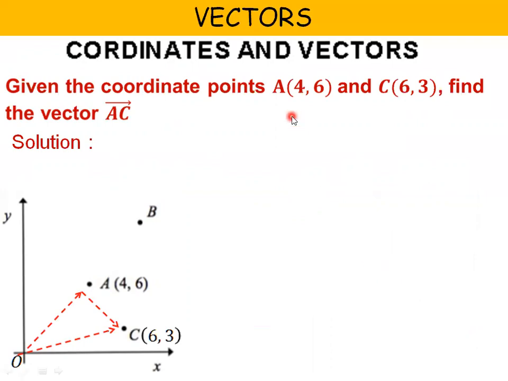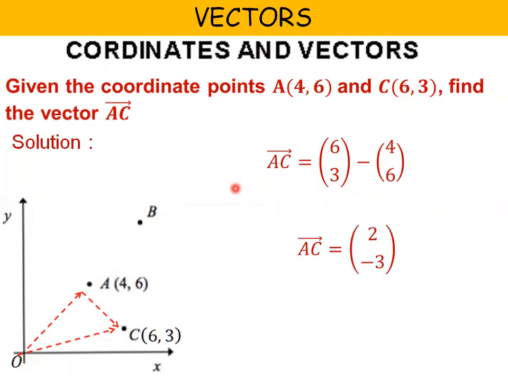So if I am given coordinate points for A and C and I'm to find the vector AC, it's as simple as saying that AC is the vector representing the point C, which is 6, 3 in column vector form, minus 4, 6, which represents the point A, the position vector that represents the point A. So I didn't need to work out those earlier three steps, and my answer becomes the vector AC, 2, minus 3 in column form.